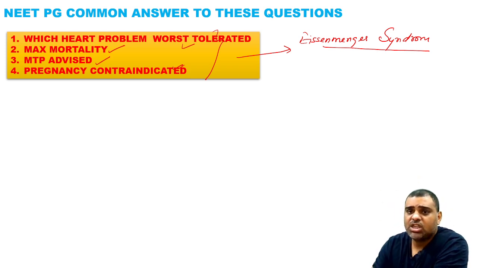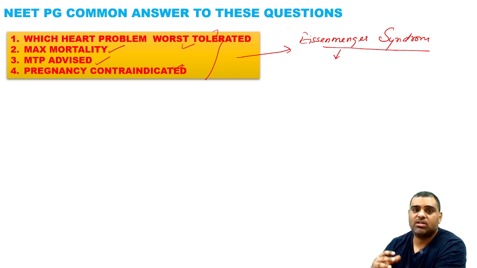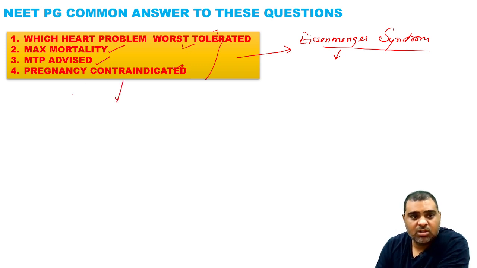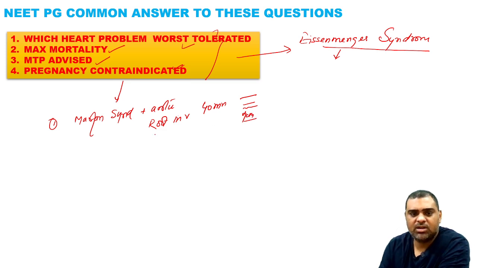Now, if Eisenmenger syndrome is not in the options, then what are the other cardiac conditions which are worst tolerated, or for which you will advise MTP, or pregnancy is contraindicated? There is a list. First is Marfan syndrome with aortic root involvement, more than 40 millimeter, that is around 4 centimeter involvement.